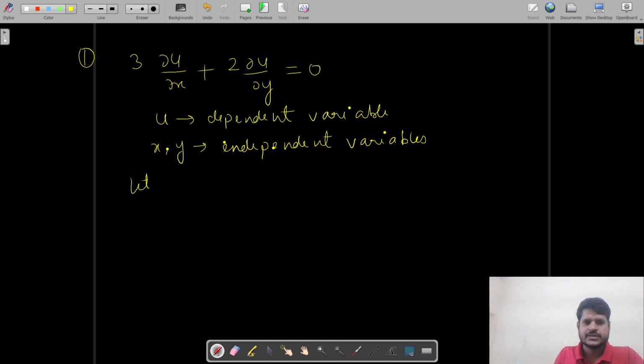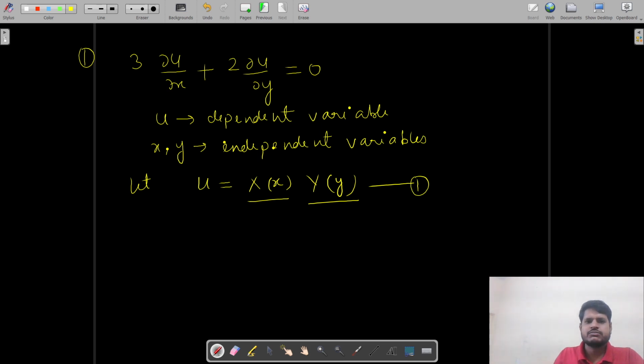Let u, this is the dependent variable, I say this u is a function of capital X. This capital X is a function of x, into capital Y, a function of small y. This is the separation of variables. I separated here x and y, right? I put this as equation 1.